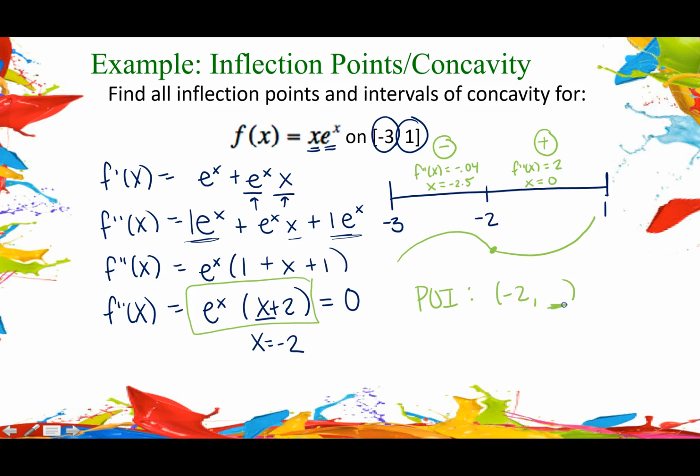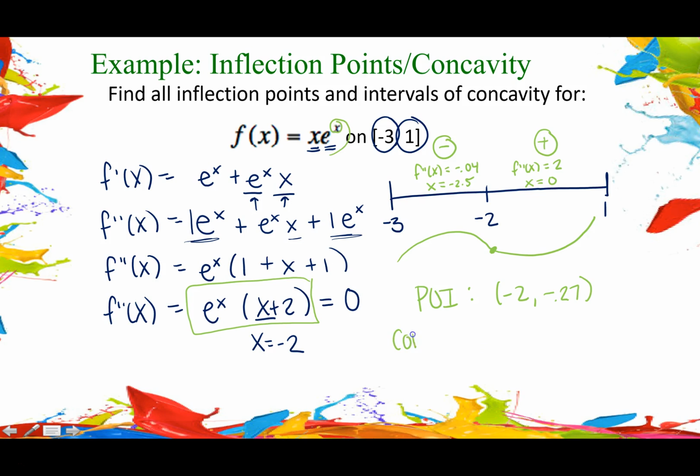How do we find this y value? Well, this is a coordinate, so we're going to take that -2 and plug it into our original right here. So that's going to give me -2 times e to the -2. And that value is -0.27. Okay, so that's my point of inflection.